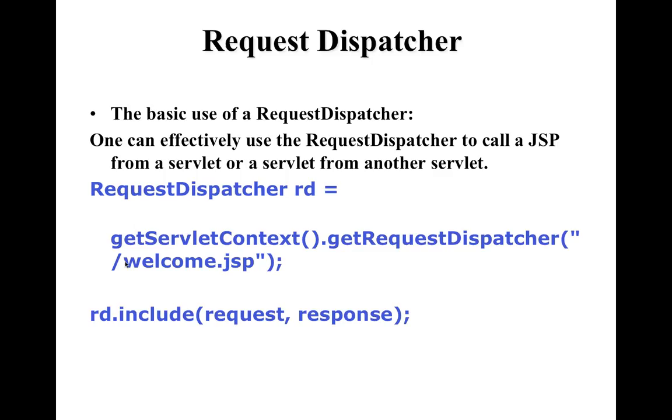Think about it like your servlets project, right? That's the web context I mentioned, the application context or web context. So any request dispatcher that you got from the servlet context is relative to your web application context. Understood?